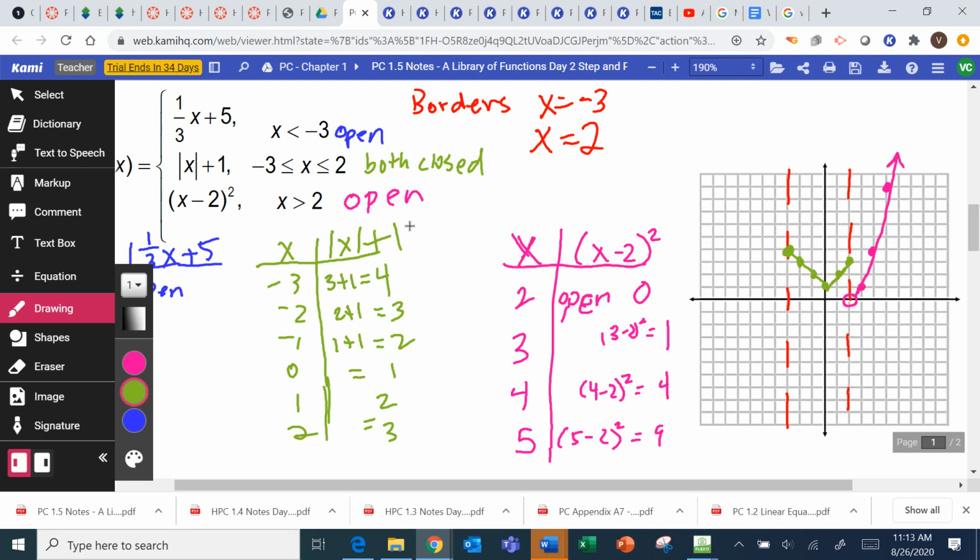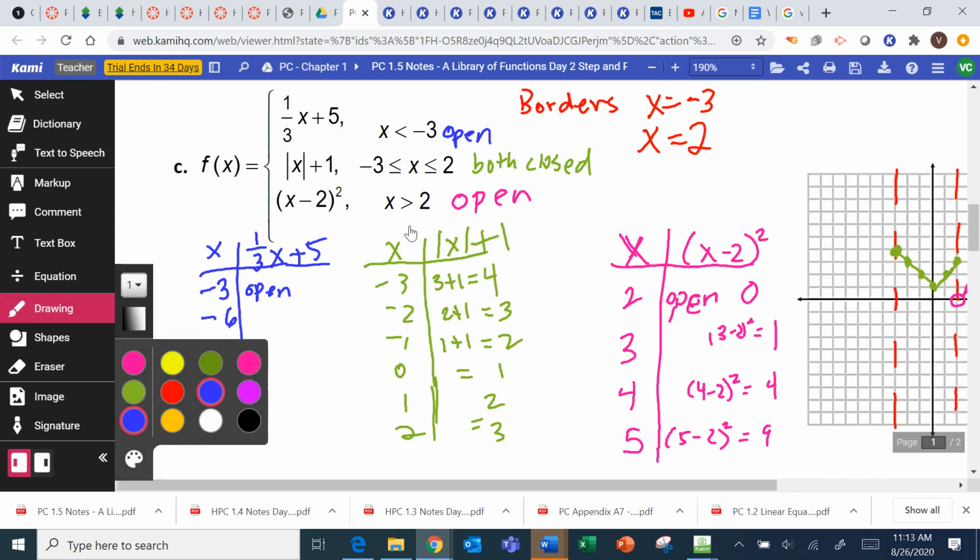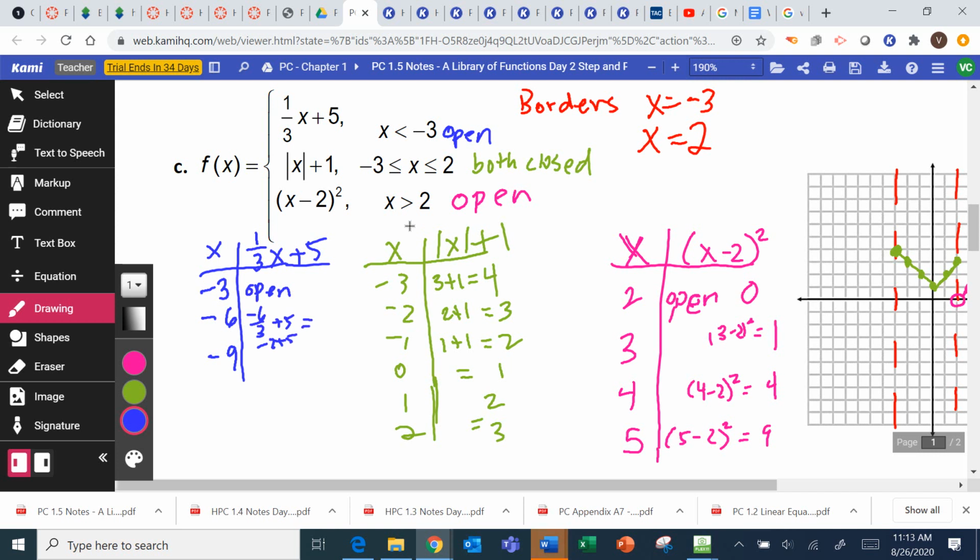Okay. All right, and then my blue one, the line. So plug in -6 and let's see, -6/3 plus 5 is -2 plus 5, so 3. Check my math. Oh, I didn't do the first one.